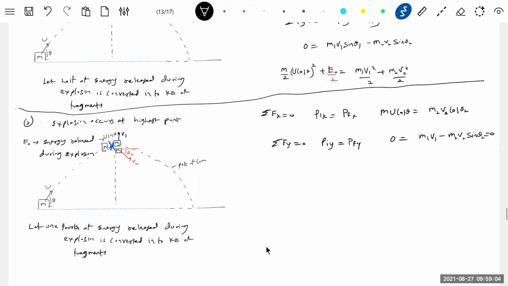Then what is the energy? It's telling one-fourth of energy. You should write it in this way.